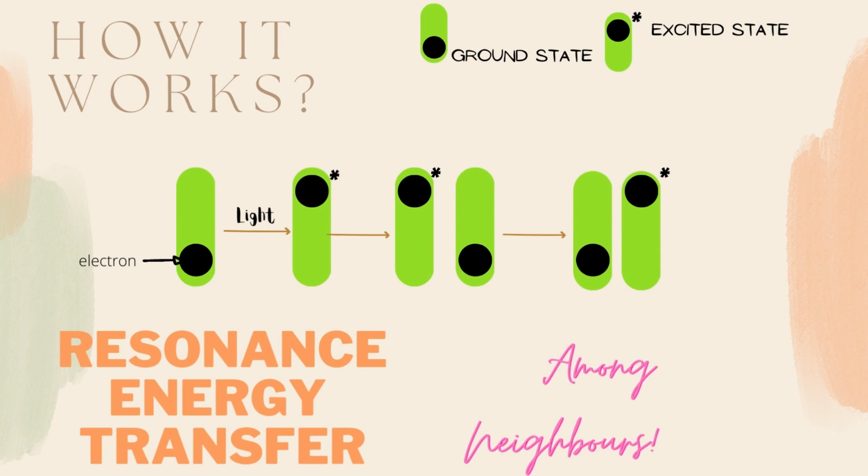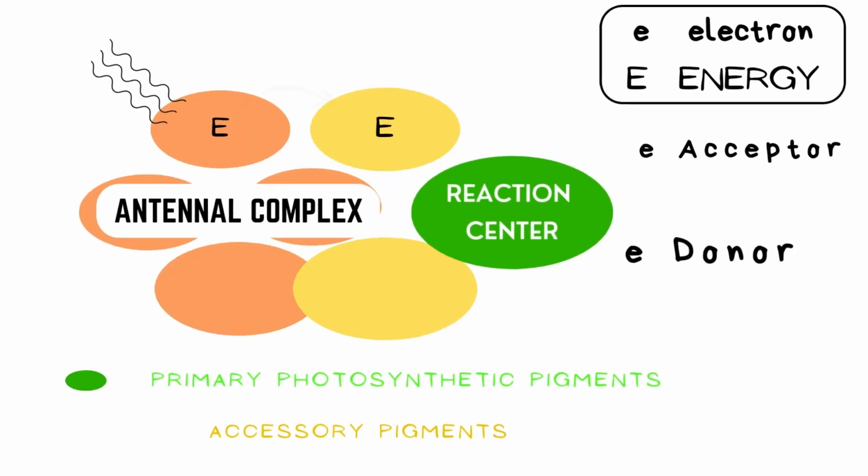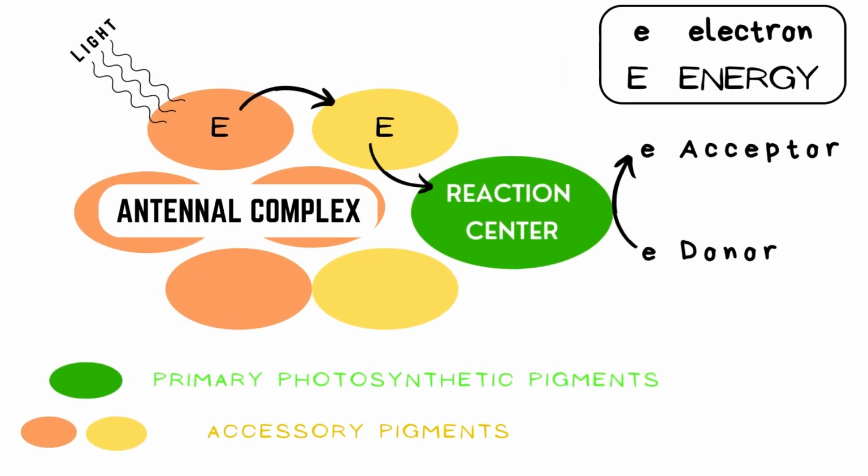One excited pigment transfers its energy to a neighboring pigment, which excites its electrons, and this in turn provides energy to another neighboring pigment, and finally this energy gets transferred to the reaction center. That's why it is called the energy harvesting system. This is a photosystem with a reaction center and antennal complex.